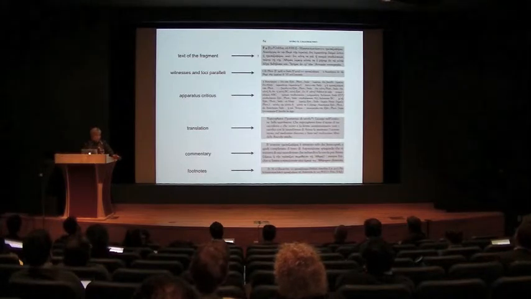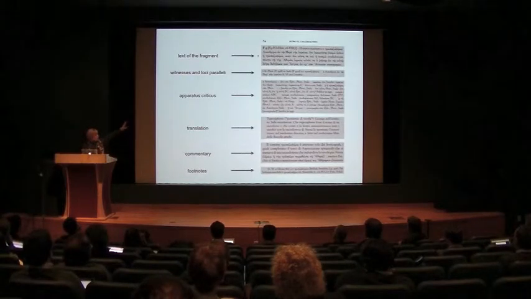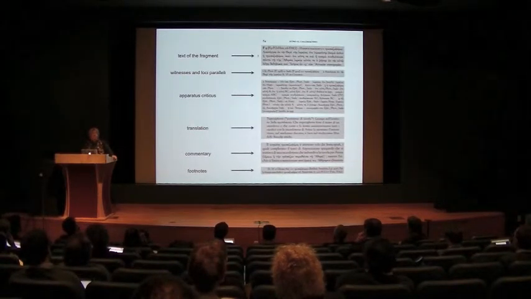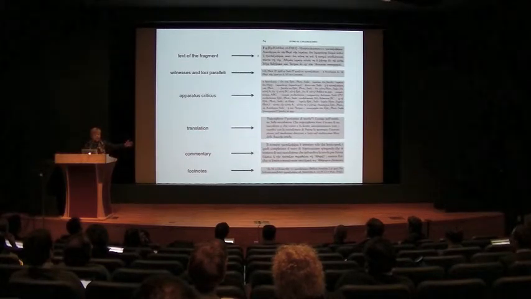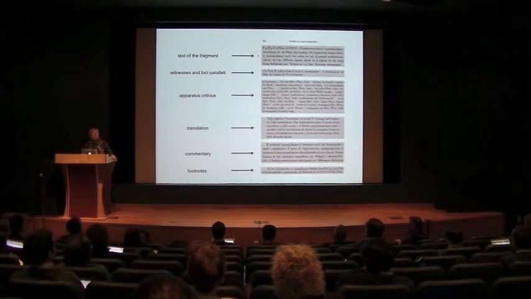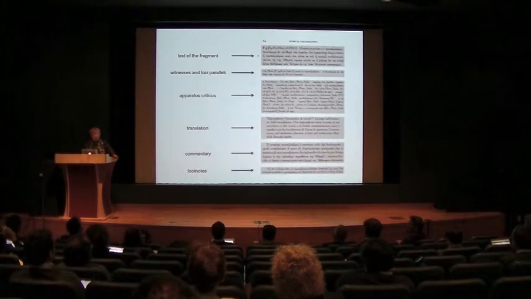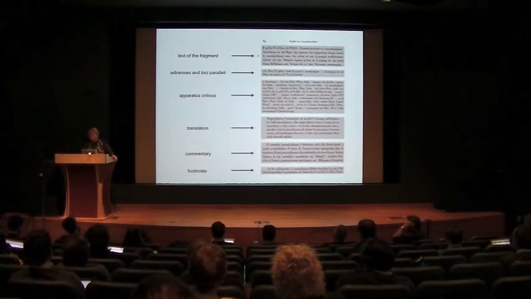Then the apparatus criticus, and here we have a selection of conjectures and variants about the text preserving the fragment. Then, of course, a translation into a modern language, in this case Italian, and a commentary about the fragment, and then footnotes with a lot of information such as sources, bibliography, etc.